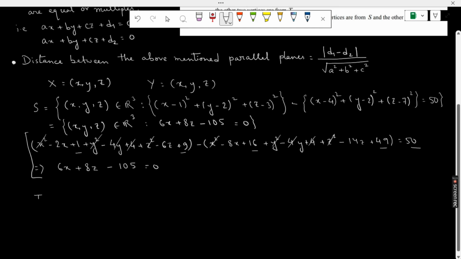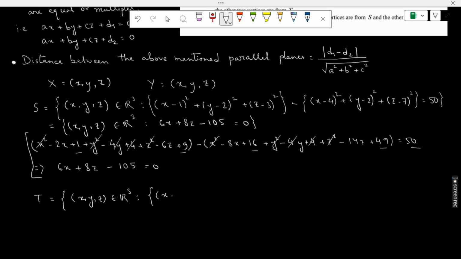Similarly, for T, (x, y, z) belongs to R3 such that just the opposite: (x minus 4) square plus (y minus 2) square plus (z minus 7) square minus [(x minus 1) square plus (y minus 2) square plus (z minus 3) square] is equal to 50.